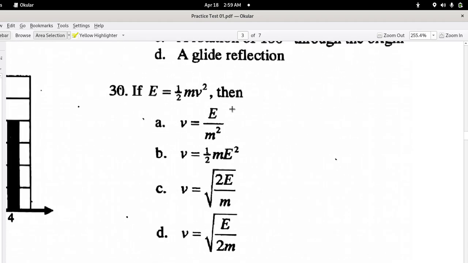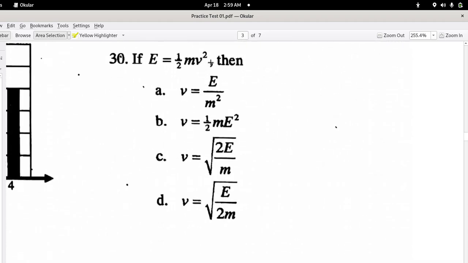What do you think? Alright. 30. E is half mv squared, then you're going to transpose to make V the subject, to test what's going on here. What you could do is put in some numbers for E, M, and V, and then see if they calculate out here.